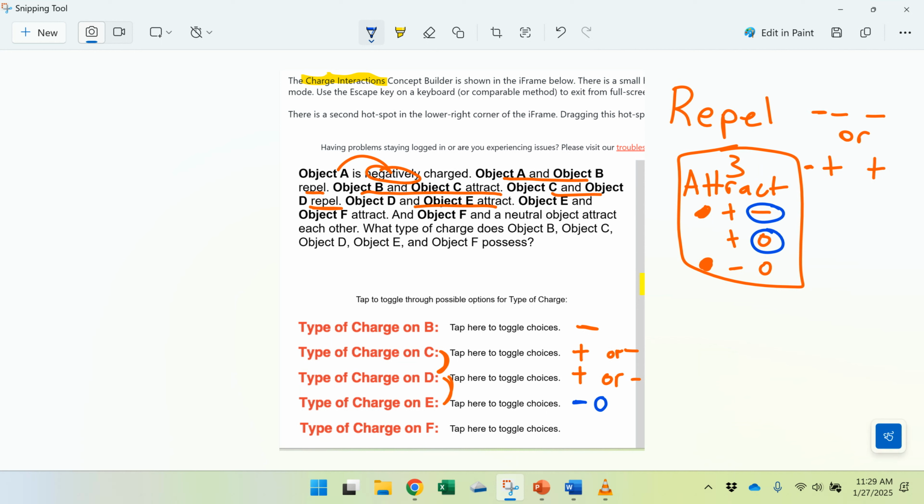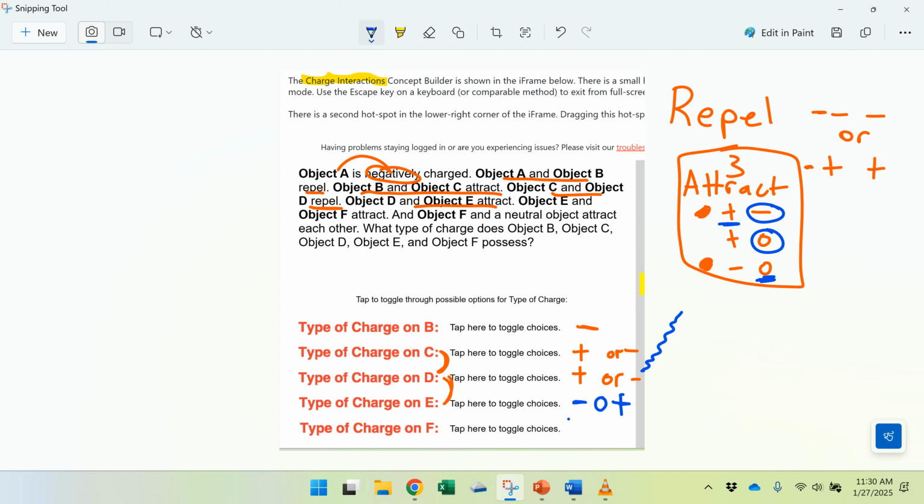Now, what all can attract to a negative? And again, we go up here, and so we could find that a positive can attract to a negative, and a neutral can attract to a negative. We already have neutral down here and negative, so we need to also add positive.